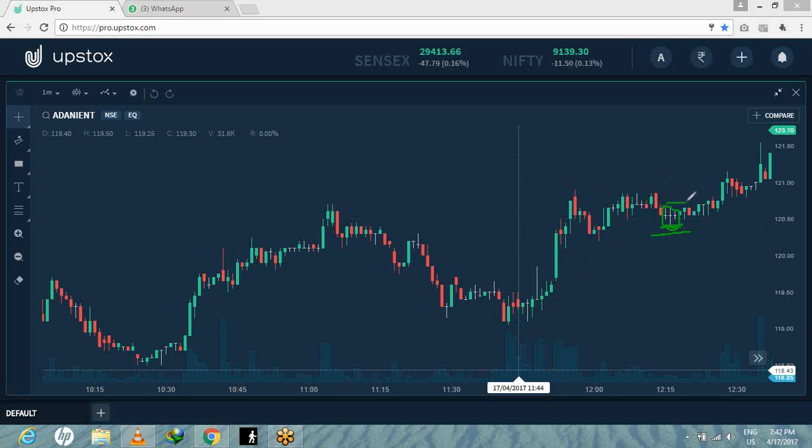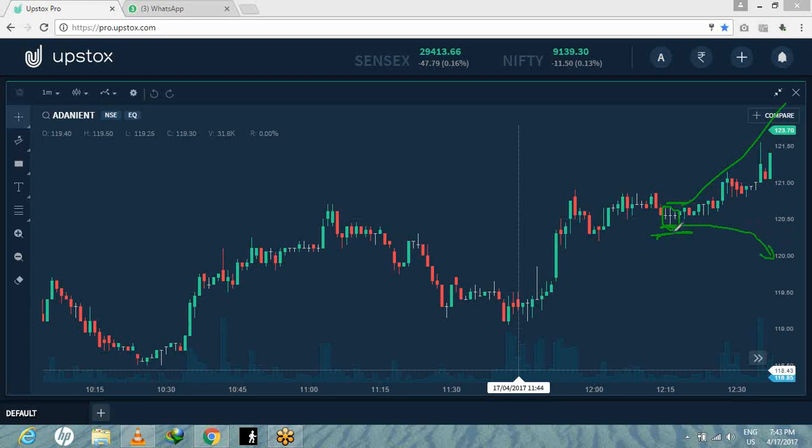So if you have got this, either you can put your buy order just above here, or you can put your sell order here. One of the two should have been triggered. If this has been triggered, you can go this way, and if this one has been triggered, you could go this way down and book profit.